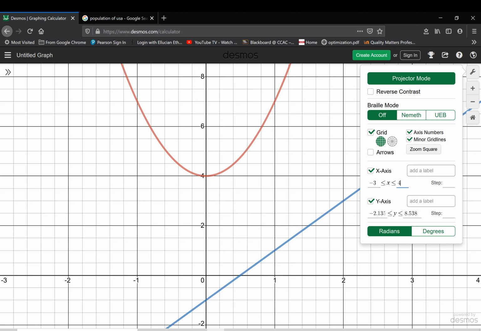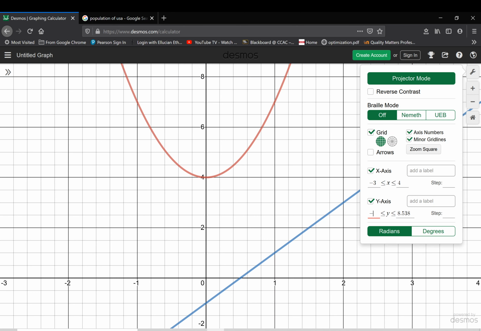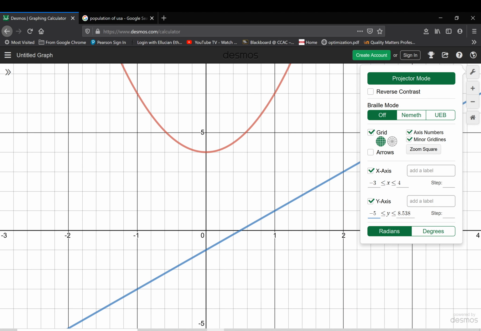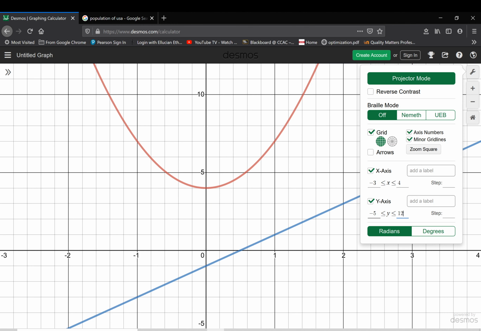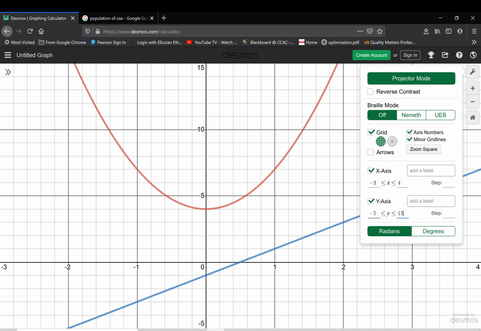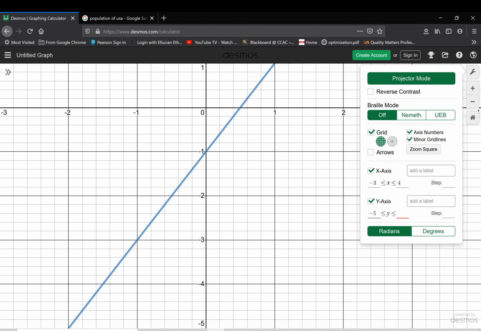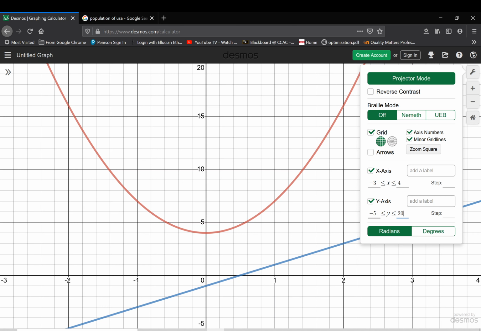So my y-axis, let's make it -5 to 12. Nope, 12 is not going to work. 15? 15 is not going to work. You'll see why in a second. Let's go 20. 20 will work.